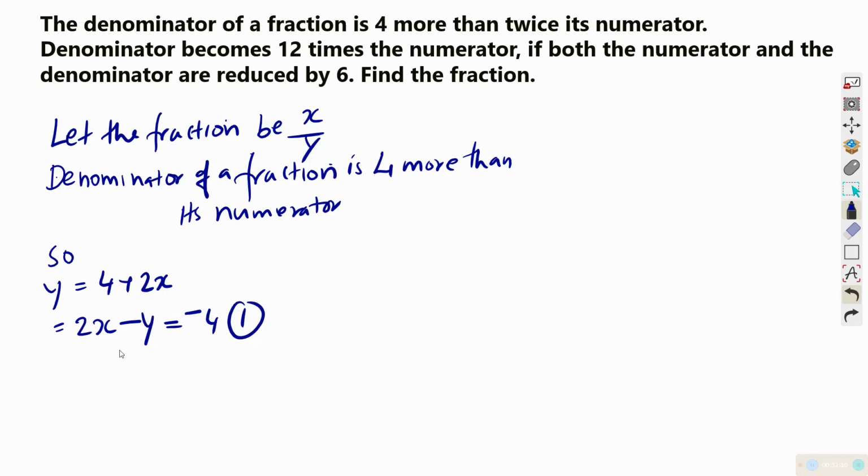Now the second condition is also given. The second condition is that denominator becomes 12 times the numerator if both numerator and denominator are reduced by 6.